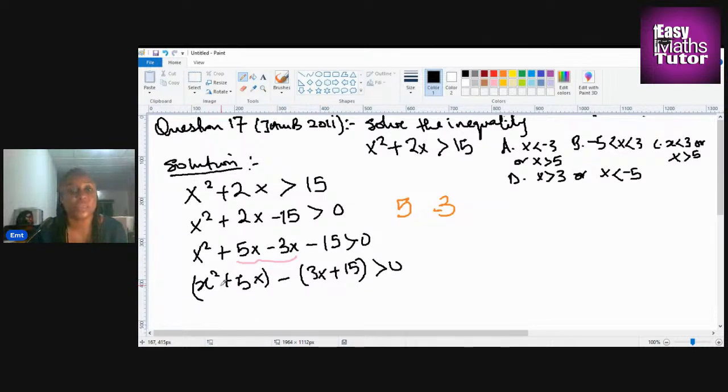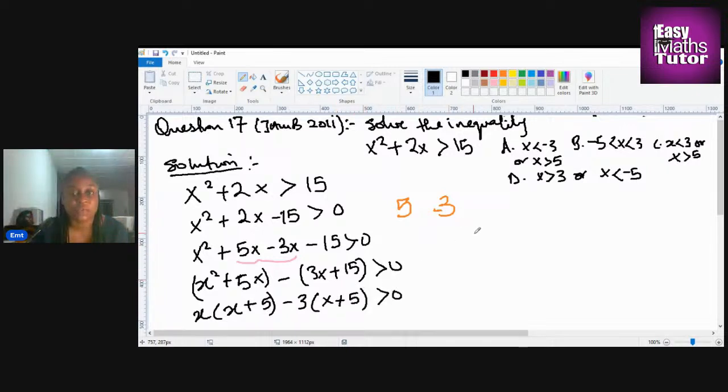So we are going to factorize the two brackets. The common factor in the first bracket is x. So x squared divided by x gives us x, plus 5x divided by x gives us 5. And write down the minus. The common factor in the second bracket is 3. 3x divided by 3 gives us x, plus 15 divided by 3 gives us 5.